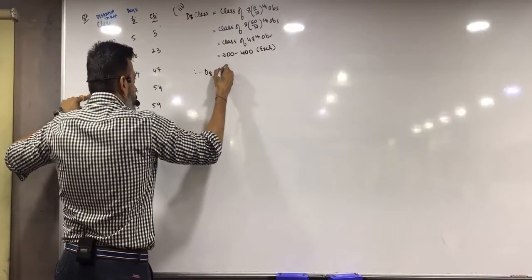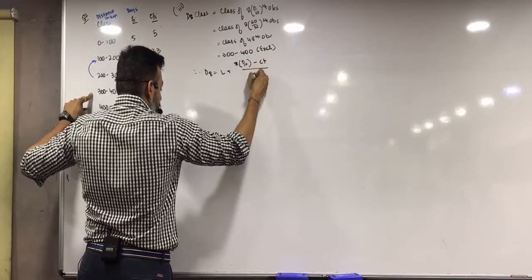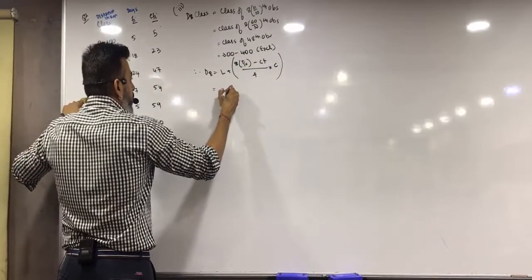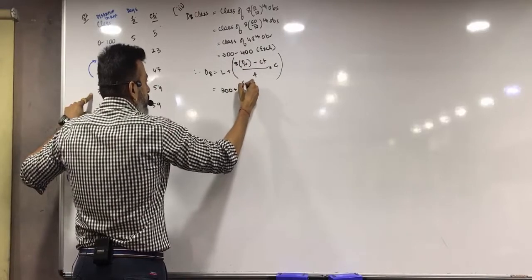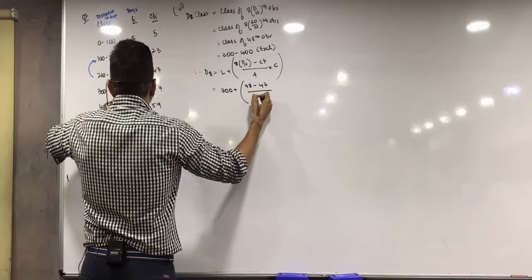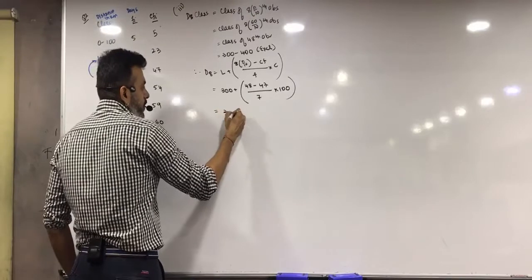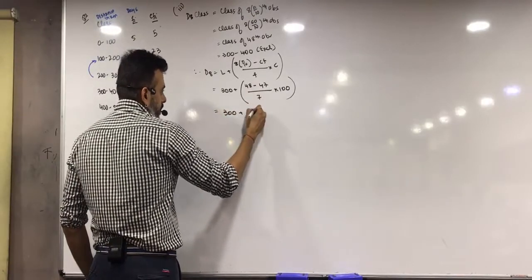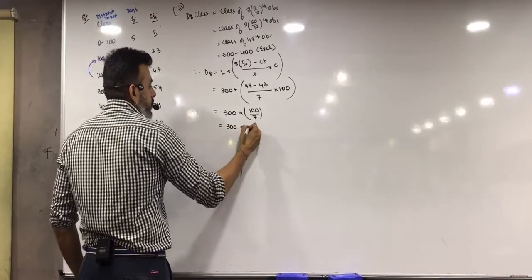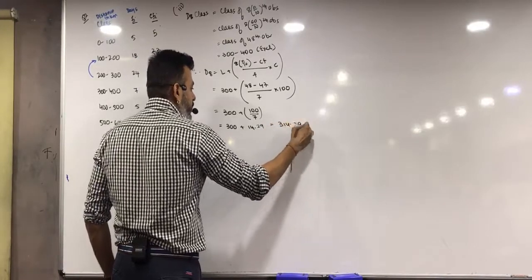Therefore, D8 is equal to L plus 8n by 10 minus CF upon F into C, which is 300 plus 48 minus 47 upon frequency 7 into class length 100, equal to 300 plus 100 by 7, that is 14, so 314.29.